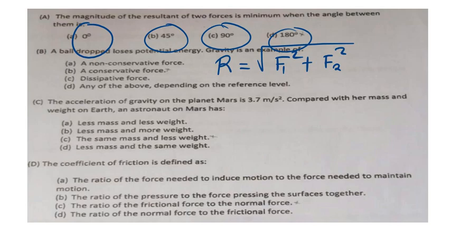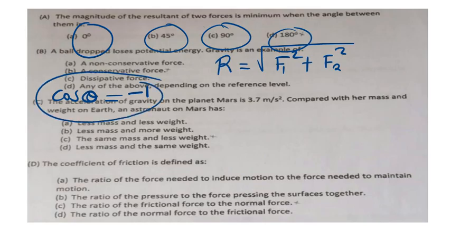So if we're going to find the magnitude for an angle, you know that cos 180 gives us a -1.